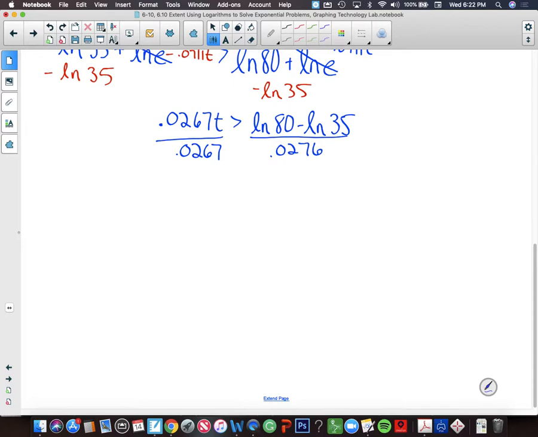Okay, I'm going to push enter. That'll give me a decimal, which is about 0.8267. And I'm going to divide that by 0.0276. And we get t is greater than 29.95 years. So after 29.95 years, that's when the bacteria will surpass the other one.